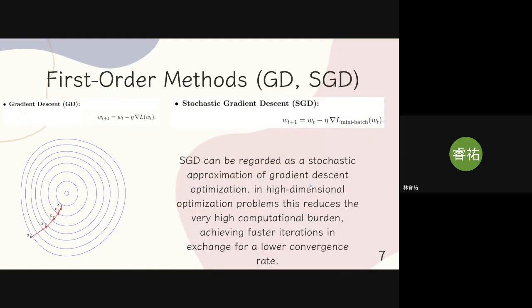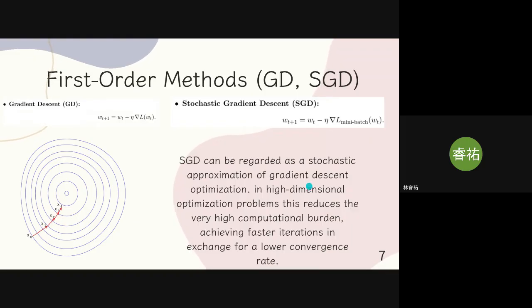Now I'm going to talk about the first order methods, gradient descent and stochastic gradient descent. Gradient descent uses the learning rate and the training loss to update the weights.